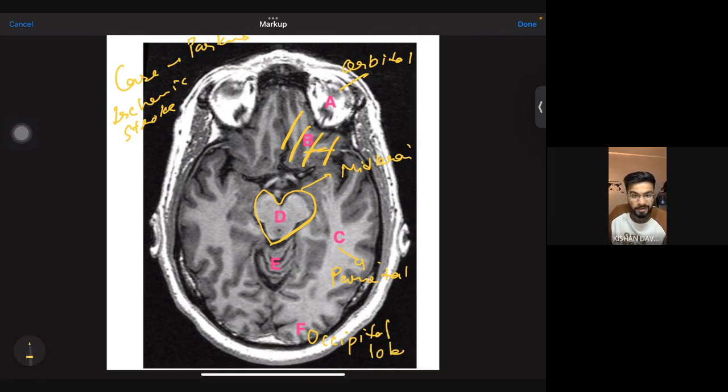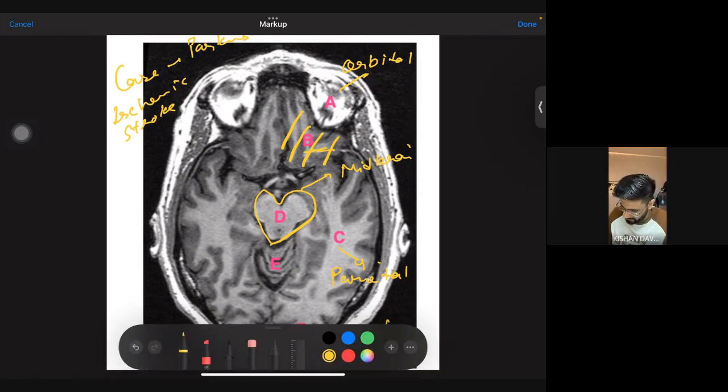Now, what they asked in the NBME was, substantia nigra is present over here. So answer D होगा क्योंकि substantia nigra midbrain के अंदर है. So midbrain is the answer. Okay, NBME asked this question.